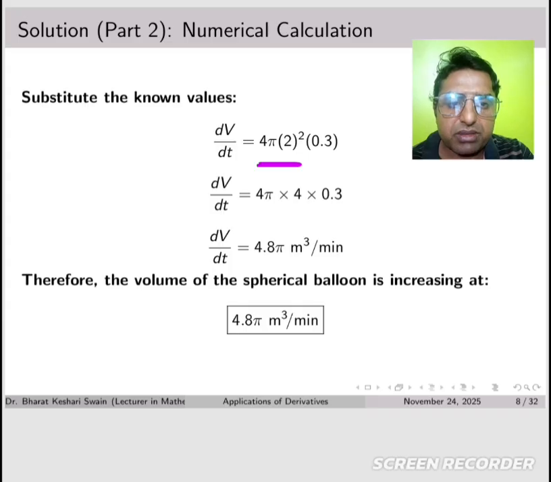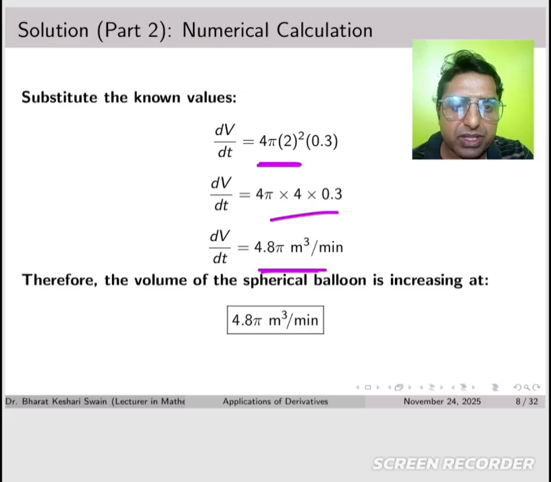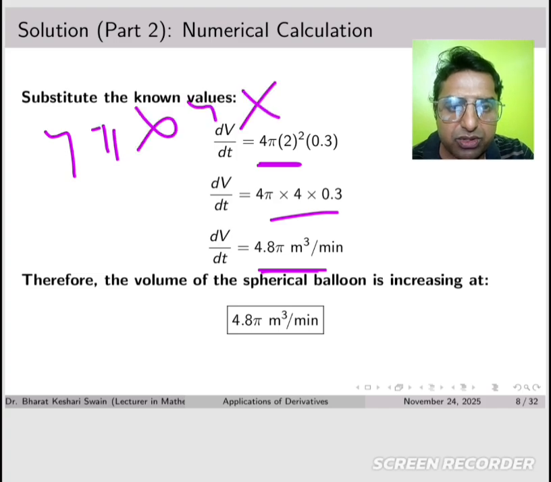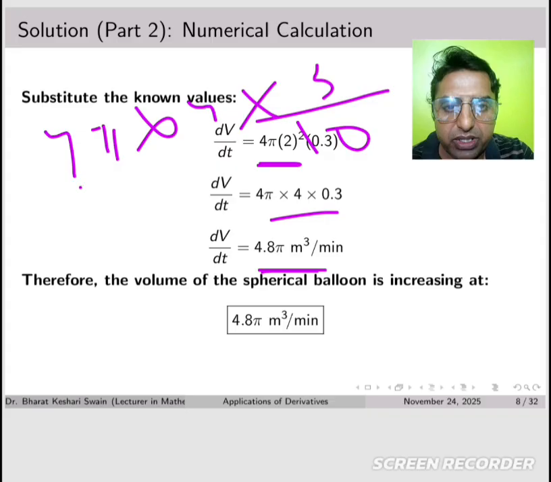Just solve for dv by dt. 4 into 4 is 16, into 3 is 48.